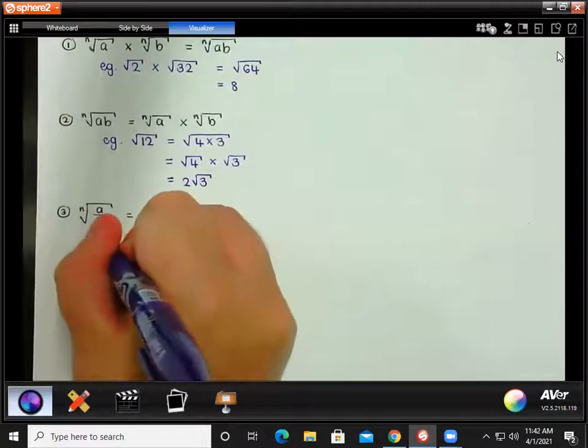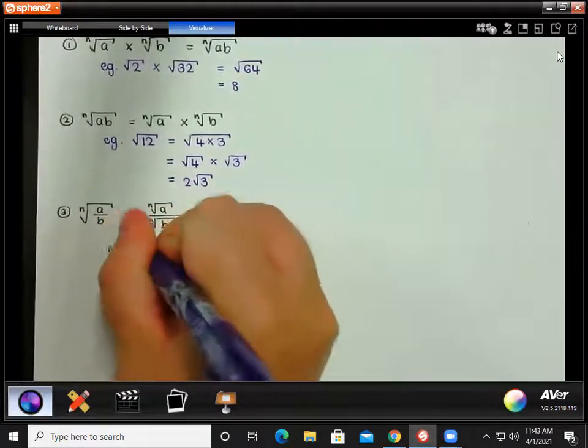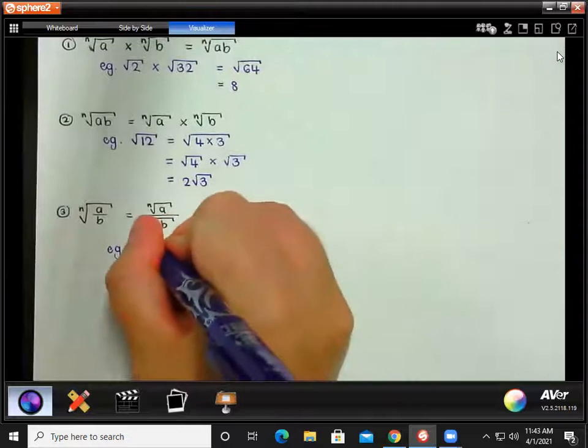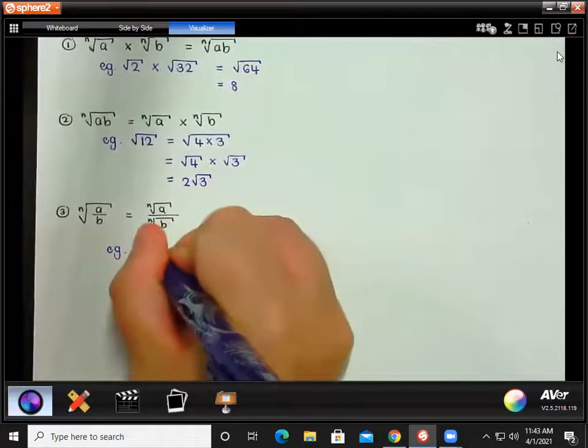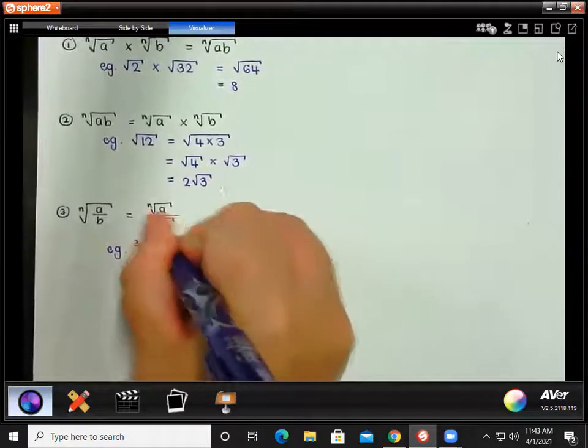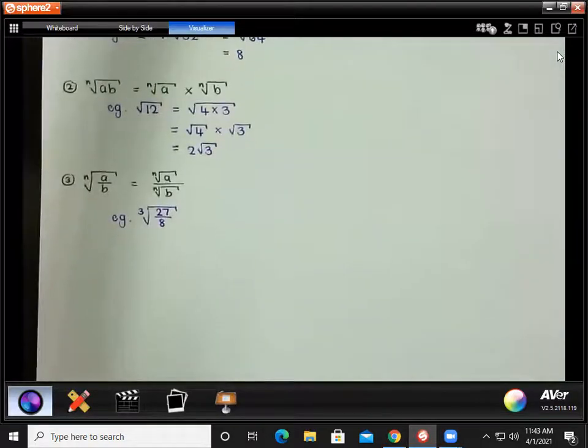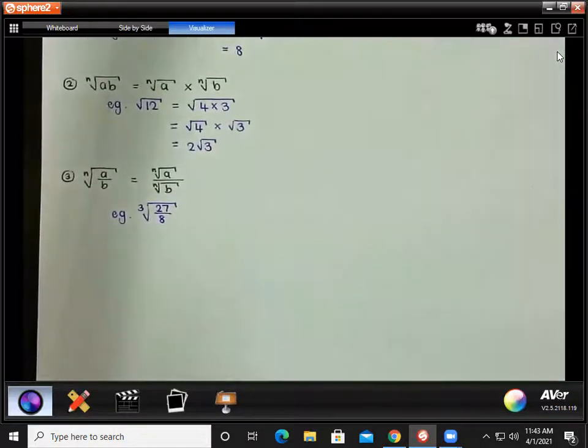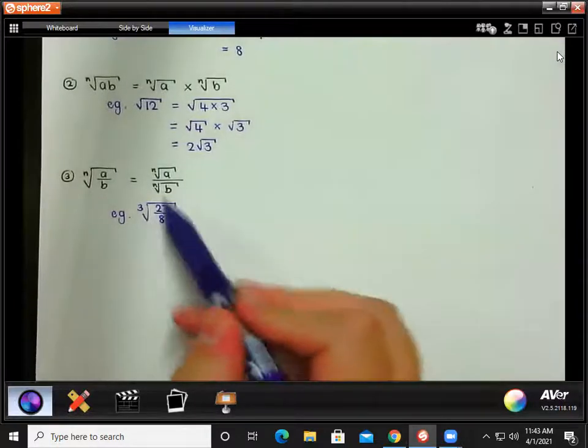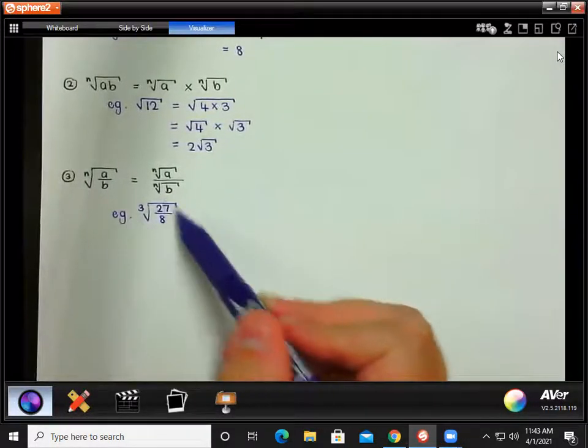If you have, for example, the cube root of 27 over 8. Right, it's a 1/3, 1 root, the cube root of a fraction.